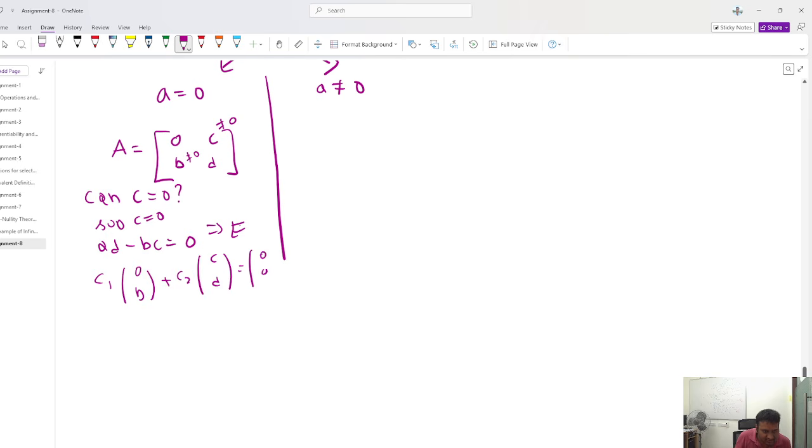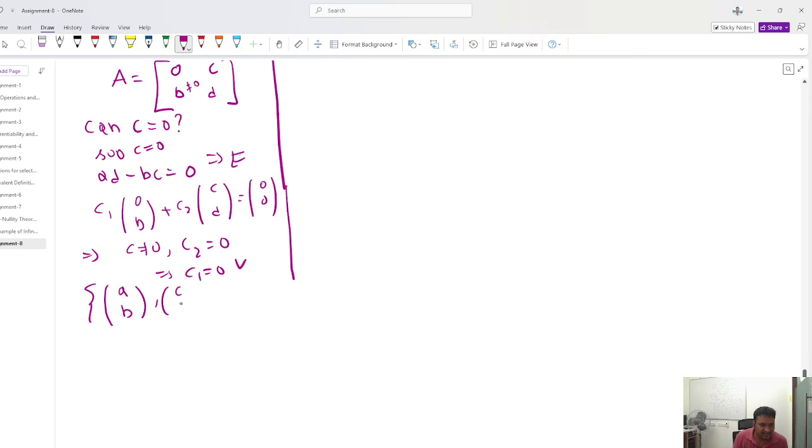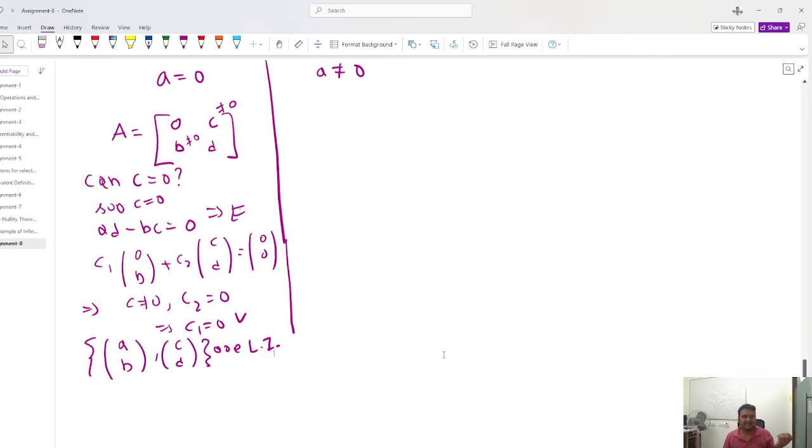This has to be (0, 0). By the same logic, I'm just repeating the above, since C is non-zero, c2 is 0, and then c1 is also 0. So in this case also, these vectors are linearly independent. It's better to analyze case by case always.